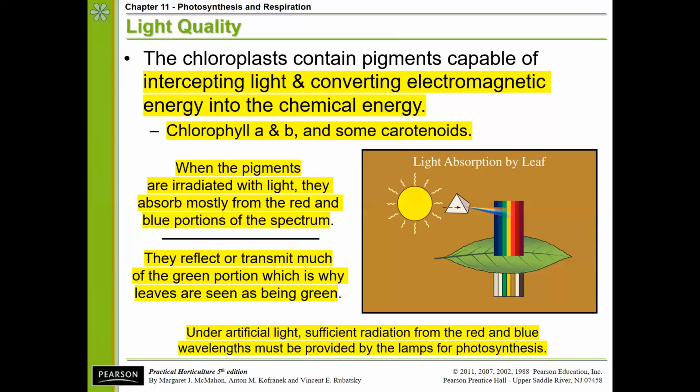However, when we're using artificial light, we have to have sufficient spectrums from red and blue wavelengths. You might see that in some cases they'll switch up different artificial lighting in order to provide those different spectrums. It's very important to provide a full spectrum in order for the plant to finish its life cycle.